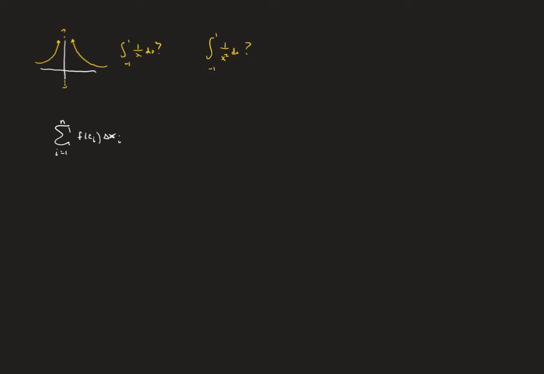So what we're doing is we're taking a height of a rectangle times a width of a rectangle and adding those up as a way of approximating an area between a curve and the x-axis, which we're going to call the definite integral.